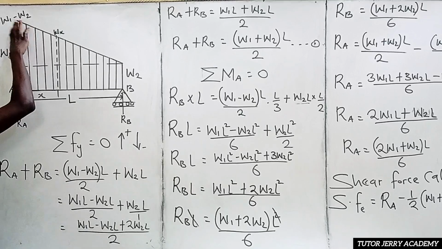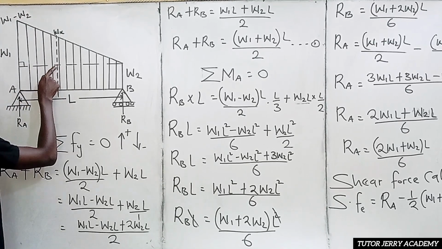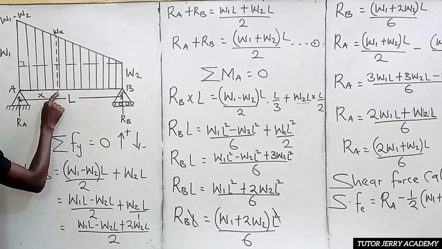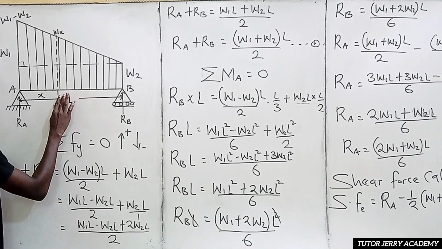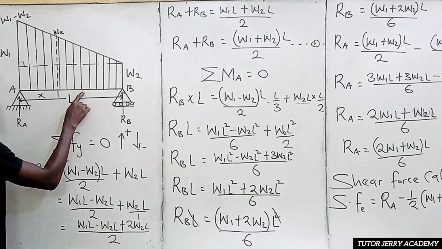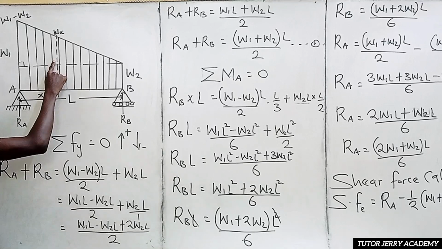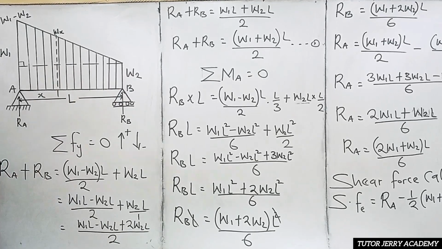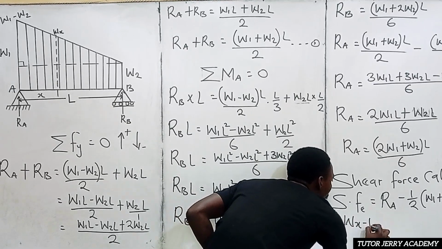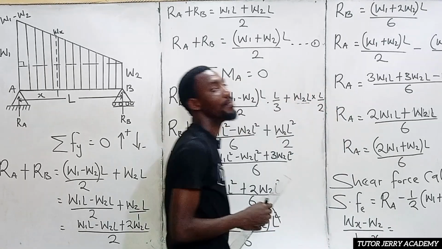The height of this bigger triangle is W1 minus W2. So the length of this smaller triangle is from this point to this point. From here to here is L, from here to here is S. So the length of this smaller triangle is going to be L minus S. So if we take the height and the length of this smaller triangle, it is going to be WS minus W2 all over L minus S. We are going to do the same for the bigger triangle now.